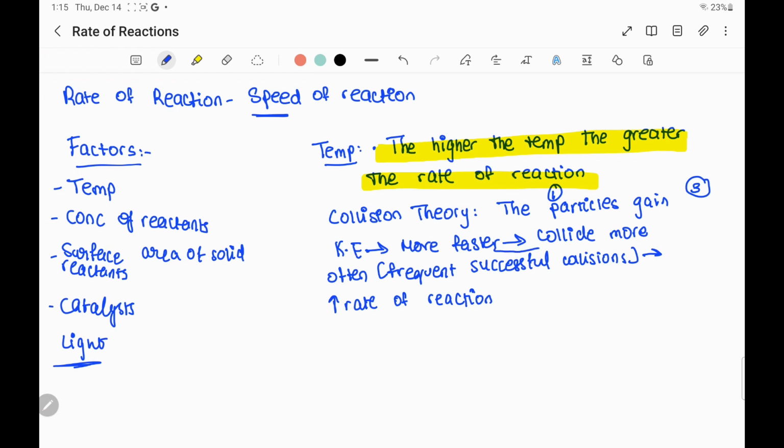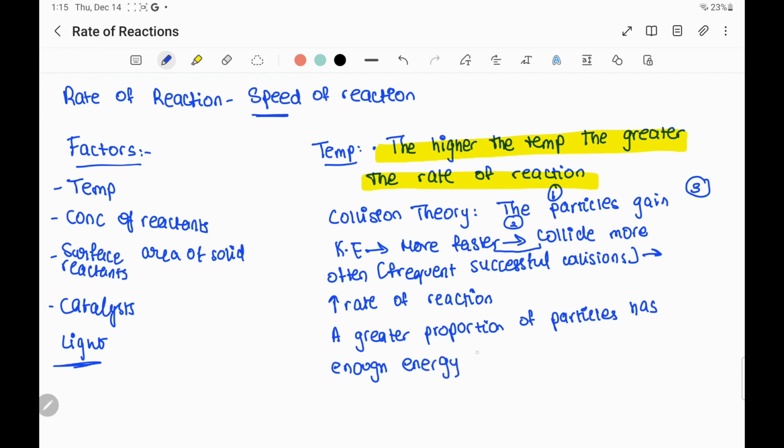That would be 2 marks. And your 3rd mark would be a greater proportion of particles has enough energy to react.